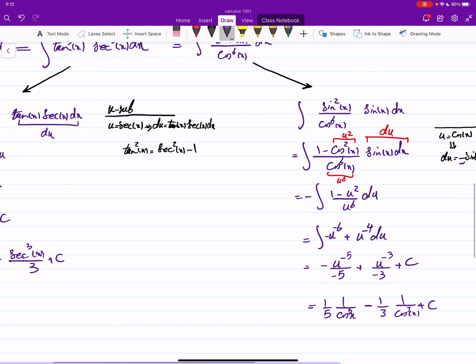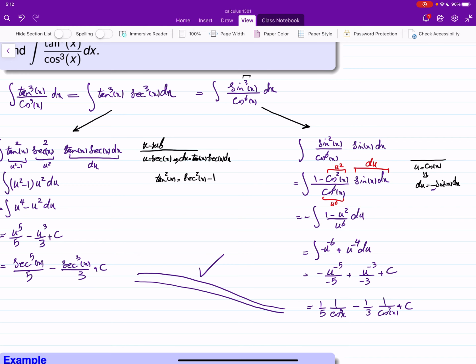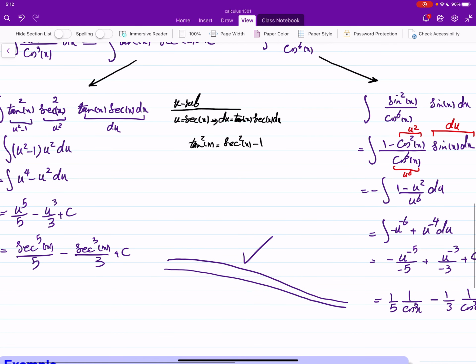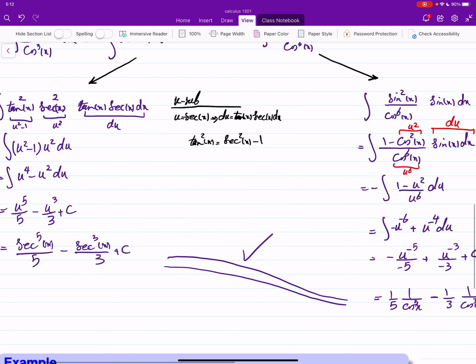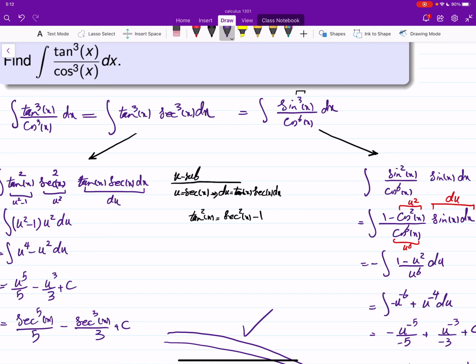And if you look at what we found before, these are basically the same thing, yes? Just 1 over cosine is secant, and you can turn it back to what we had originally there. Okay, so either way we get it, but everything starts with one of these simplifications. So change this to the form that you want.